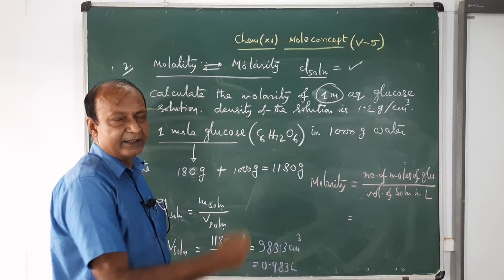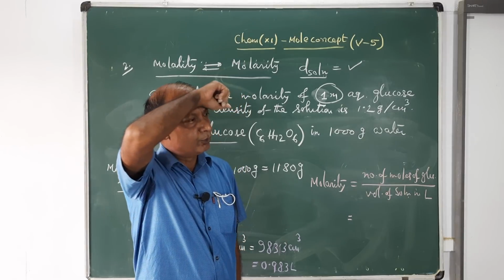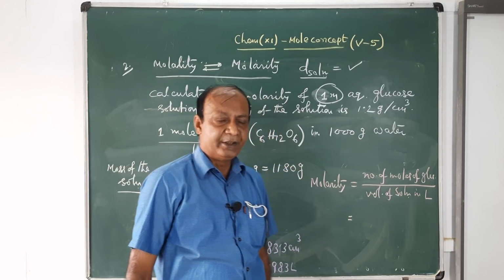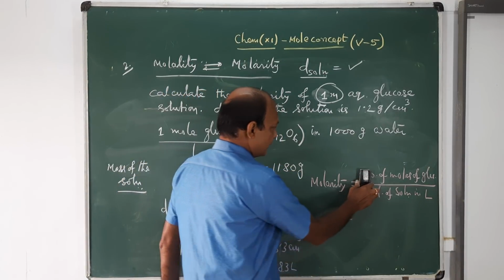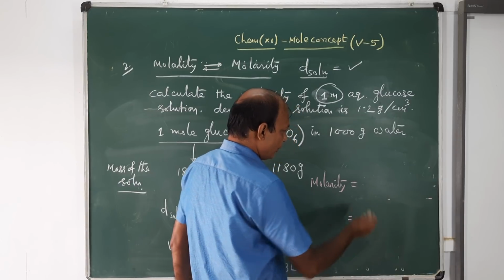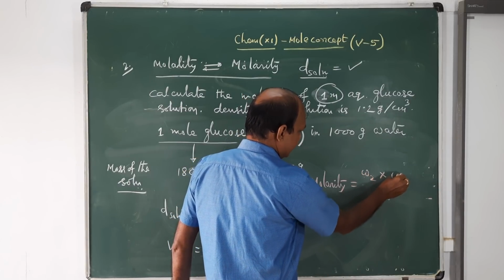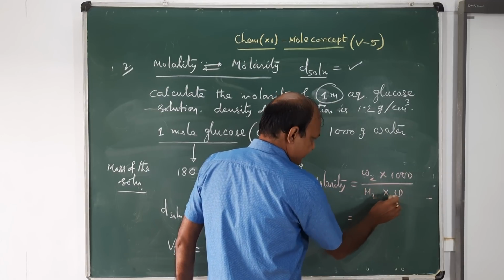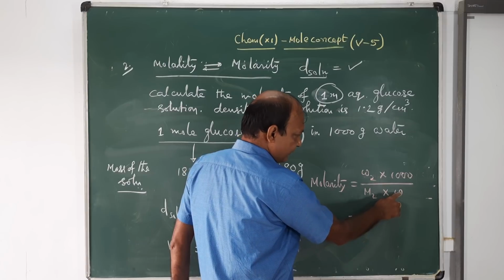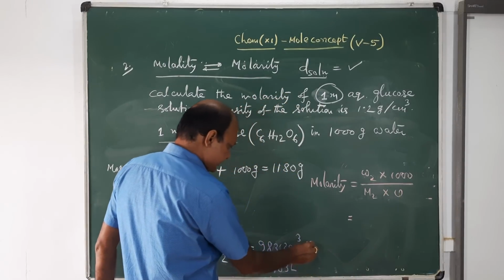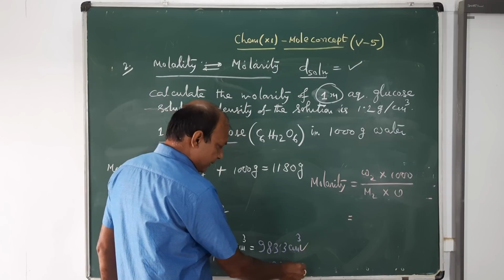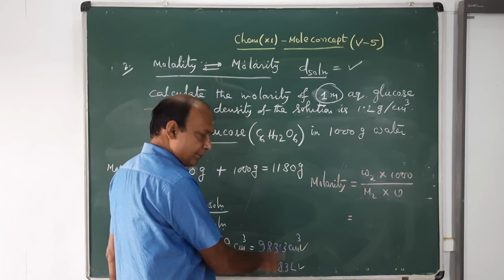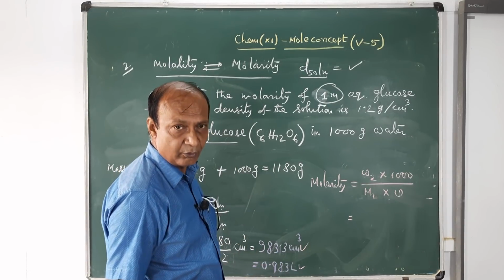You can also use the extended formula, W2 into 1000 by M2 into V, where V is in cc. You remember that formula, V is in cc, so you can apply the cc directly. Or if you want to use liter, you take the number of moles and divide by liter. The same answer will be obtained.